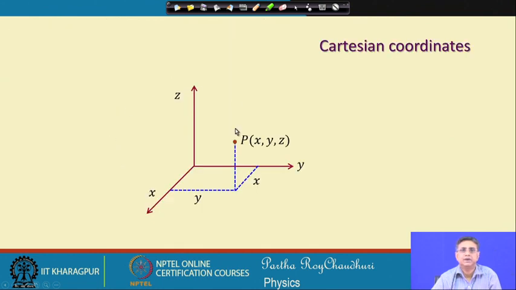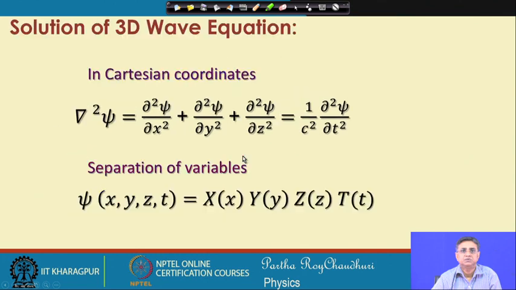So, in the Cartesian coordinate system, as you know, we are very familiar that a point is represented by three components x, y and z. In this system, the Laplacian is represented by del square by del x square plus del square by del y square plus del square by del z square.